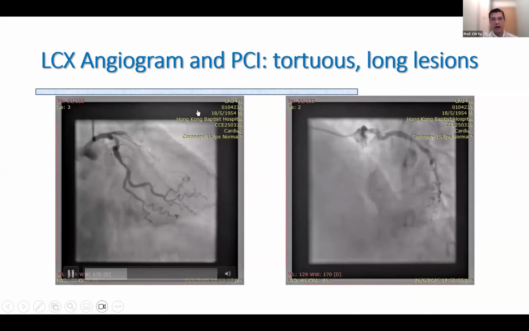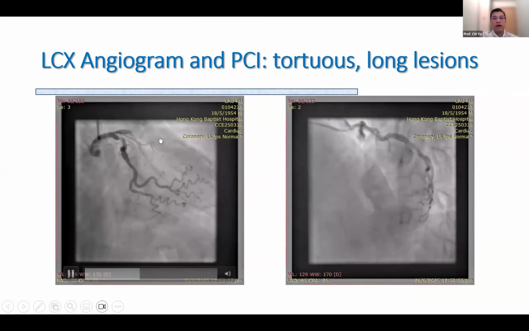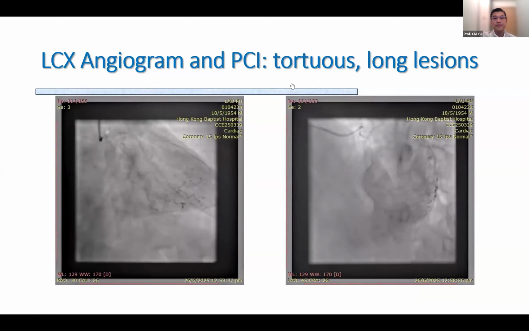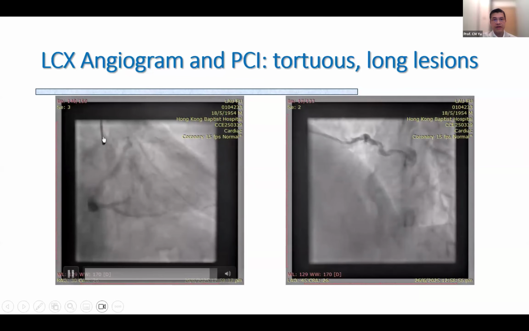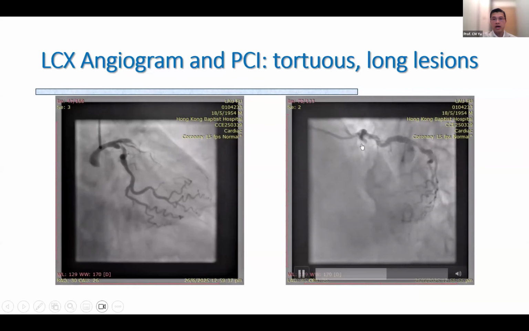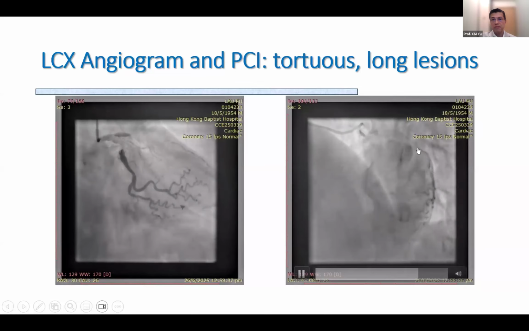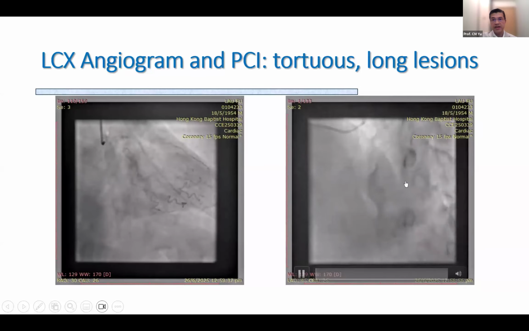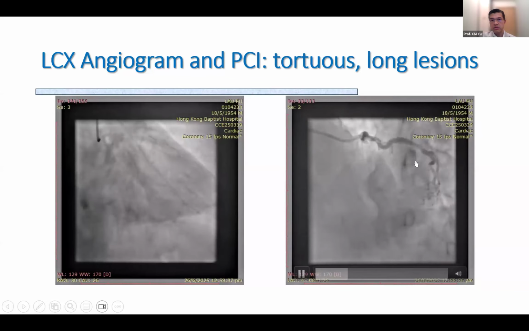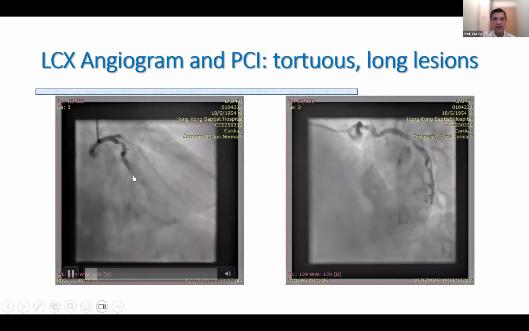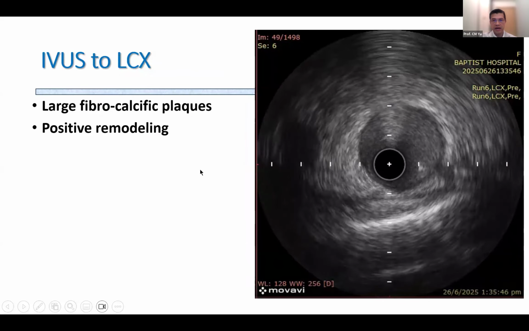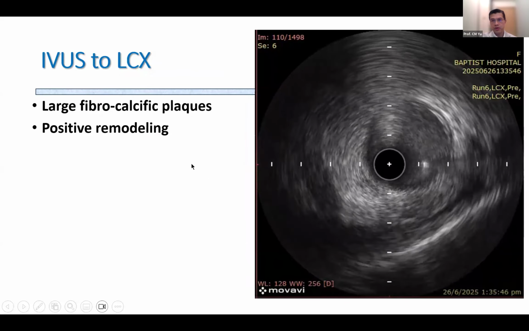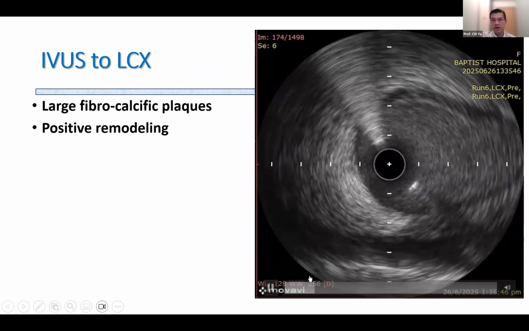Next is the angiogram of the circumflex artery. As you can see here, the circumflex has a very tortuous course, and also multiple regions with severe disease, like here at the distal circumflex as well as further down. There are also regions of calcification making the passing of the device more difficult.